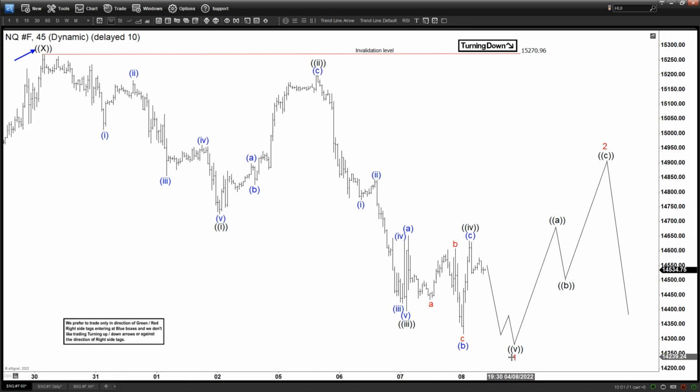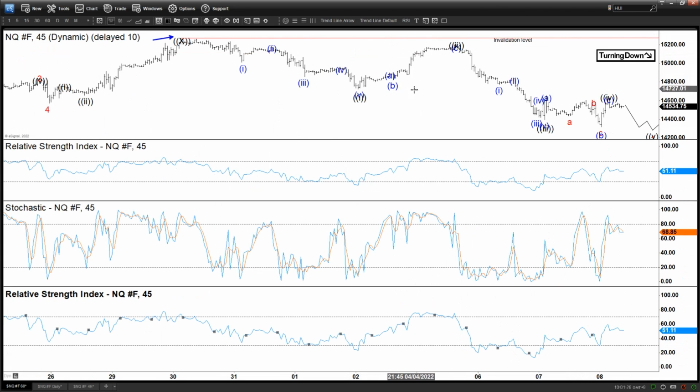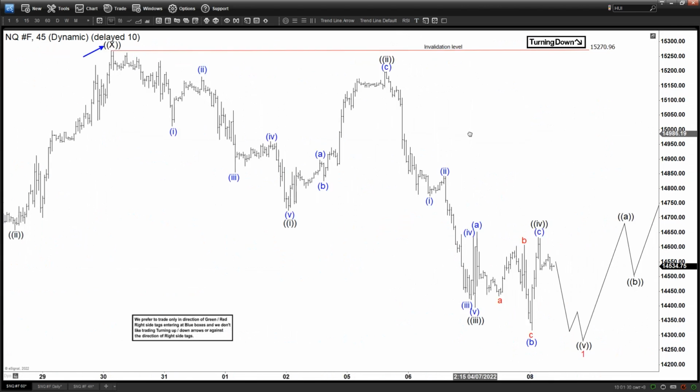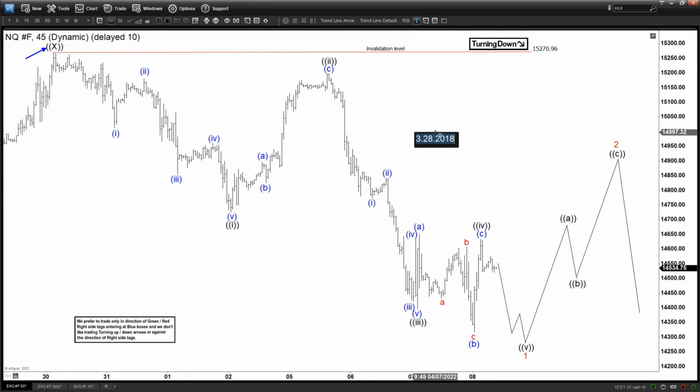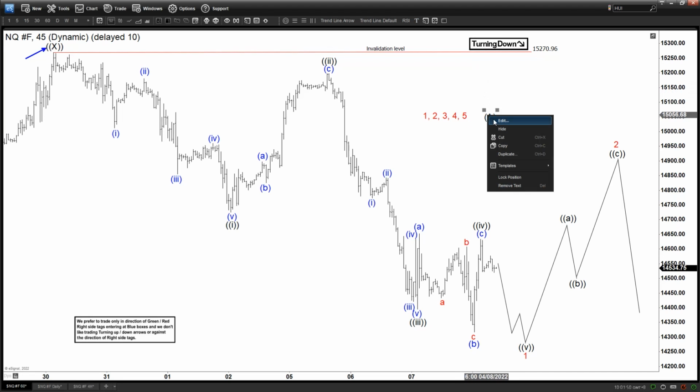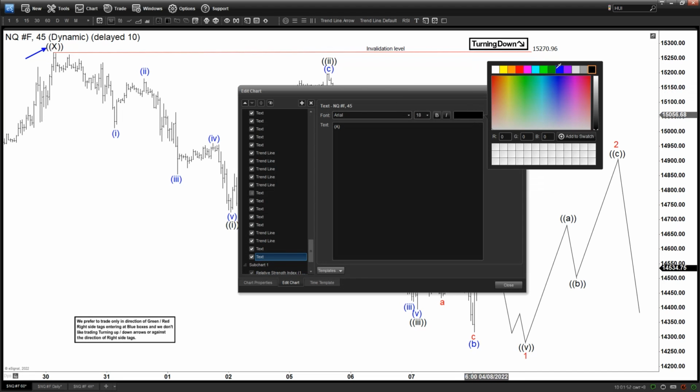Now we are ending 1 here, but this is 1 in the minor degree. So let me see here. This 1 2 here in red, 2 3 4 and then 5 will later form a wave A in the intermediate degree, right?